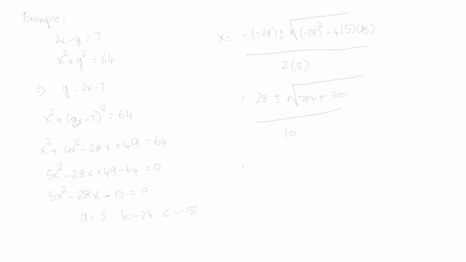So we'll have 28 plus or minus 784 plus 300, which is about 1084, over 10. So x has two solutions. One is 28 plus root 1084 over 10, and the other is 28 minus the square root of 1084 over 10.